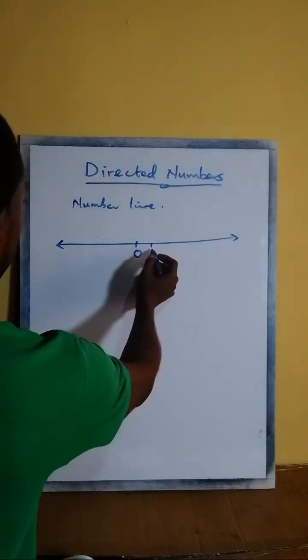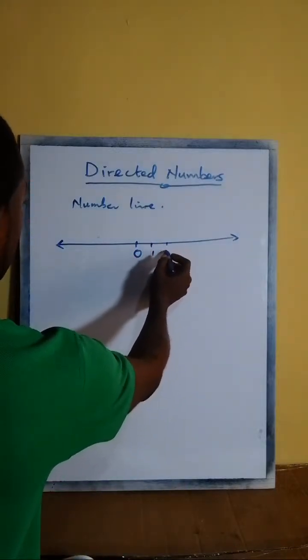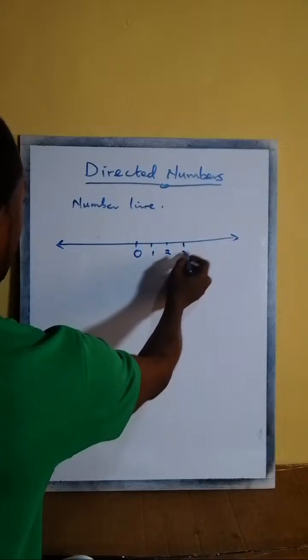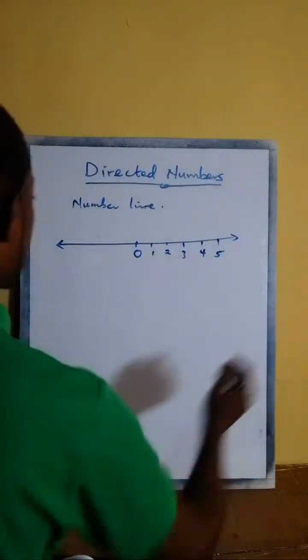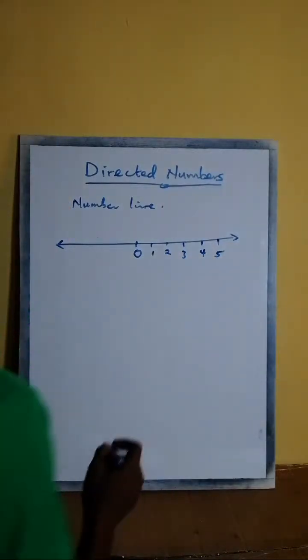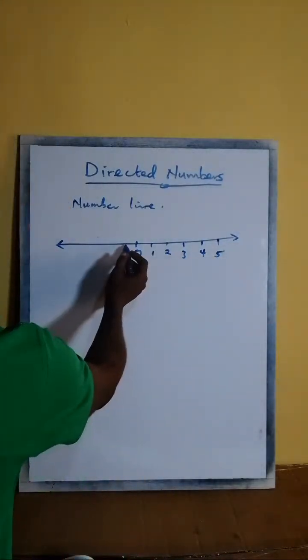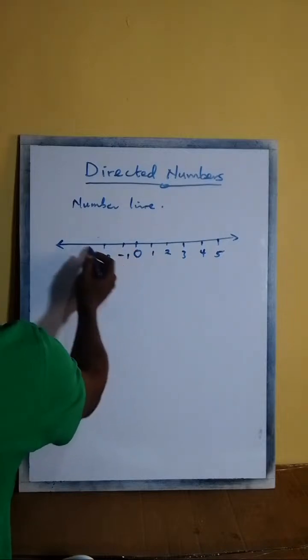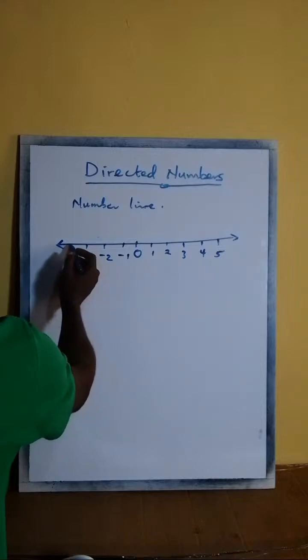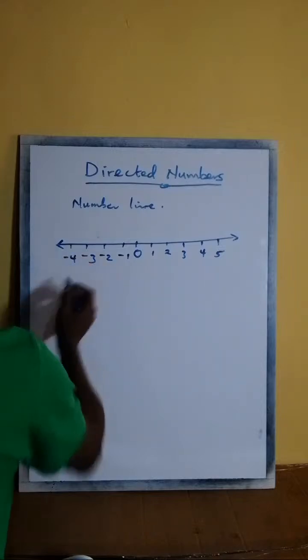So we have 1, 2, 3, 4, 5, and so on and so forth. Then also numbers to the left are negative, so we have -1, -2, -3, -4, and so on.